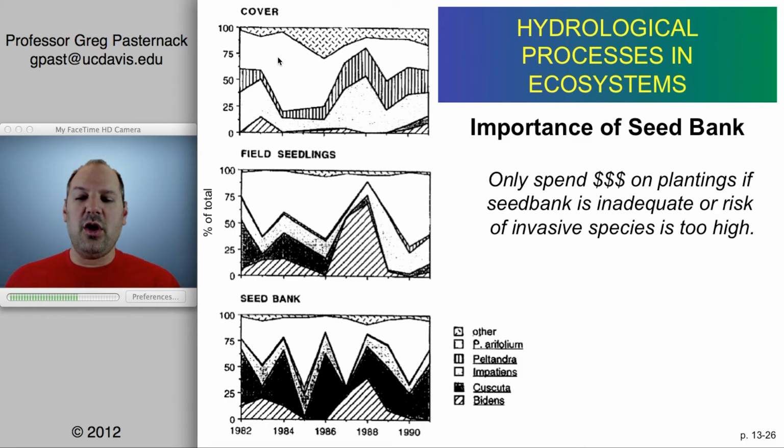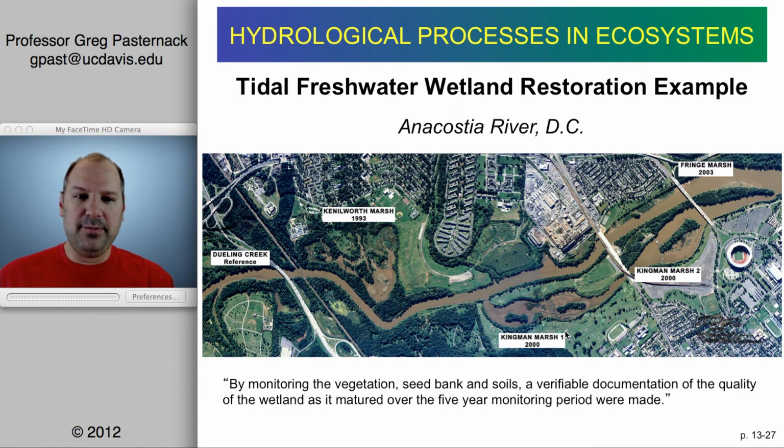It doesn't mean that what grows is just going to be from the seed bank, because you could have migrating seeds coming through, as well as competition, predation, birth and death and everything else, as well as just survival given the environmental conditions. But having a seed bank means that you don't have to spend vast amounts of money on plantings, and in many cases the plantings just die anyway.